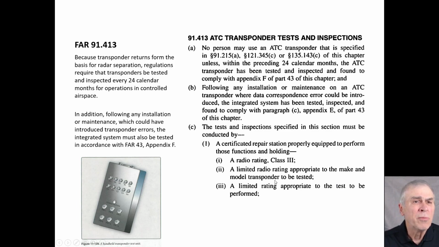This might be a little too much information also. I think the main thing you want to see is the 24 calendar months, maybe a reference to Appendix F, and maybe the 91.413 itself, for at least a short period of time.